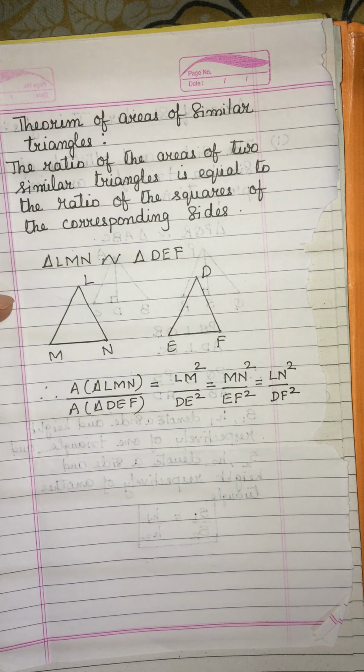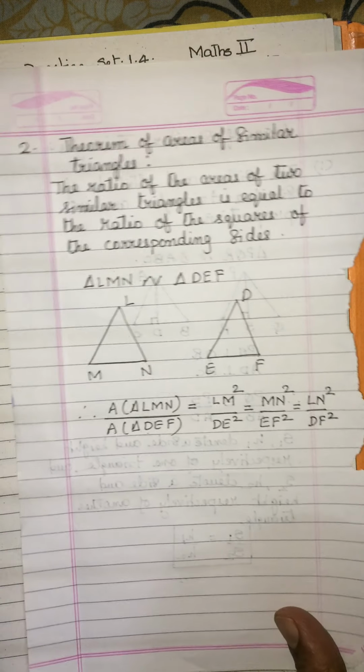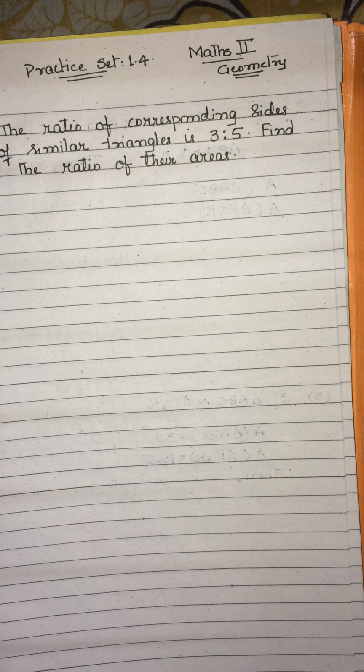This is the theorem of areas of similar triangles, which we have to remember while doing the sums. So let us do some sums.